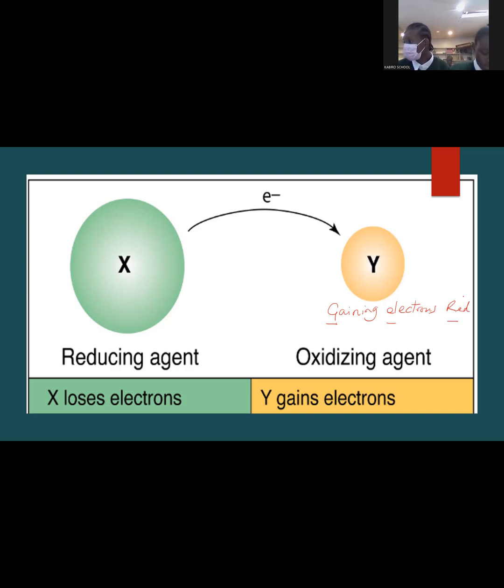And if Y gains electrons from X, then X will be the reducing agent. It makes Y pick up electrons. But X is losing electrons. LEO, that's oxidation. So if X is being oxidized, then Y is making it oxidize. So Y is the oxidizing agent.